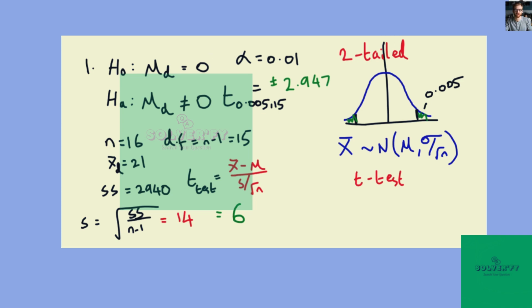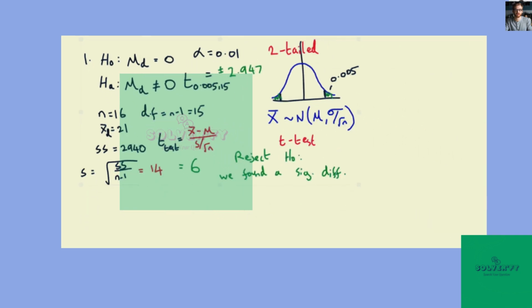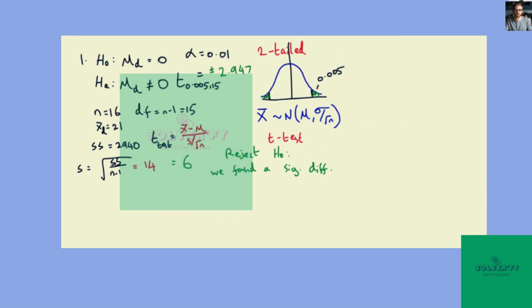That is very extreme. That is definitely in the rejection region here. We reject the null hypothesis. We found a significant difference, because our test statistic is more extreme than the critical values.